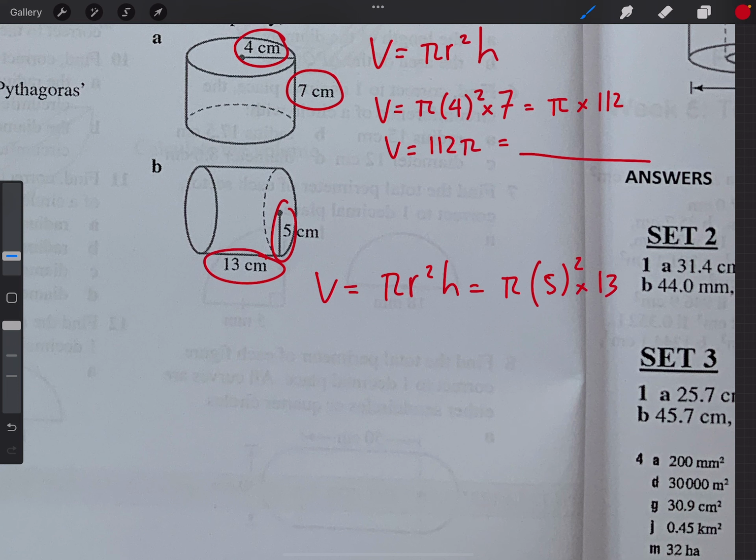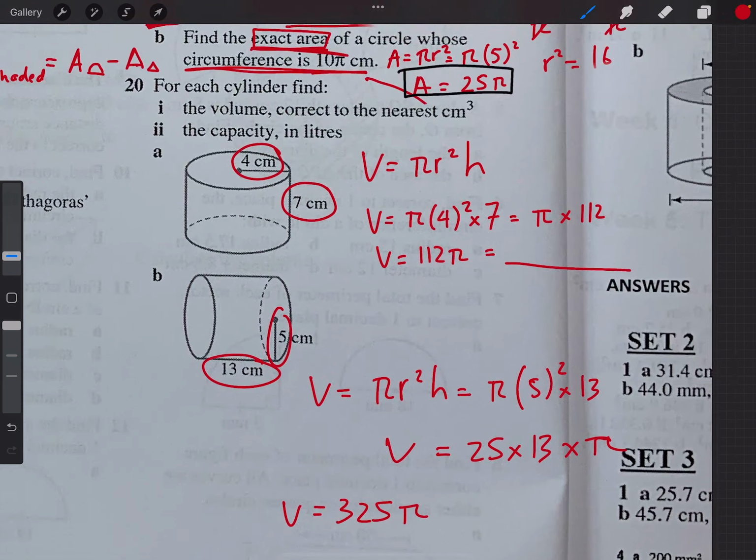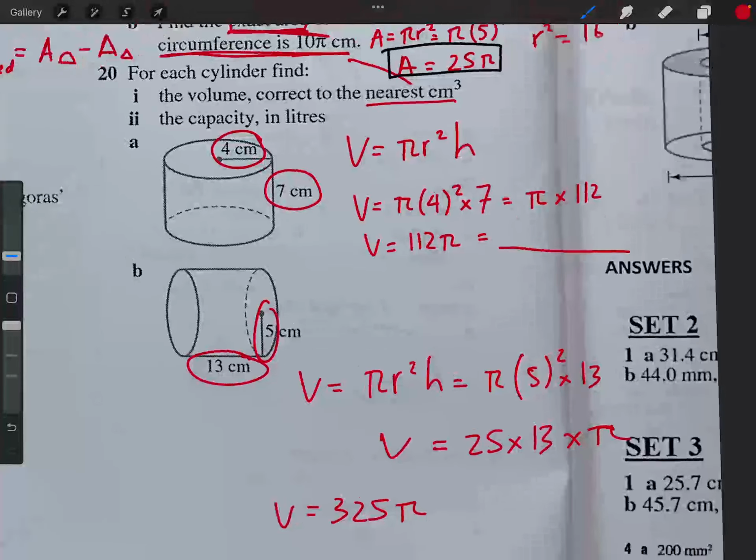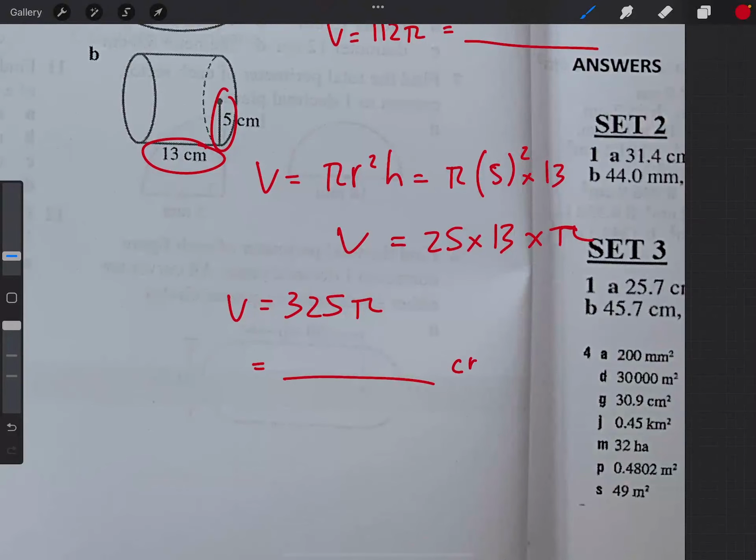So r squared is 25, and 25 times 13 times pi is your volume. So the volume is equal to 325 times pi. Multiply it with pi and get the answer to the nearest centimeter squared. These are all in centimeters, so the answer will also be in centimeters squared.